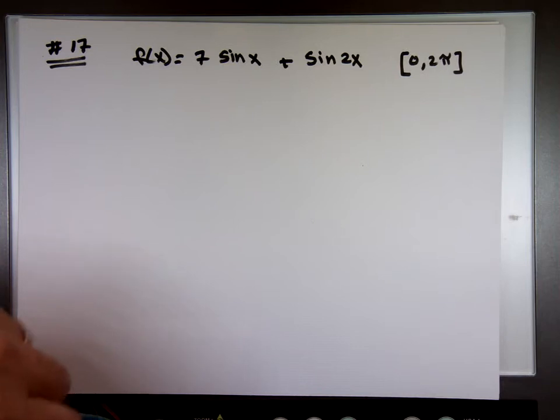And they wanted to know, find the points of inflection, find where the graph is concave upward, find where the graph is concave downward. That means the second derivative.